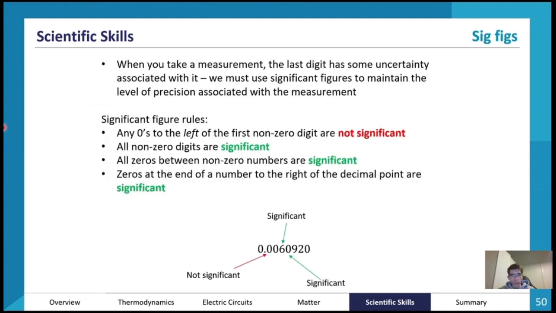Now, when you collect results, you have to make sure you understand what significant figures are. In this example, the number of significant figures would be 5. Any 0 before the 6 wouldn't count as a significant figure. So significant figures are any number after the first non-zero digit.